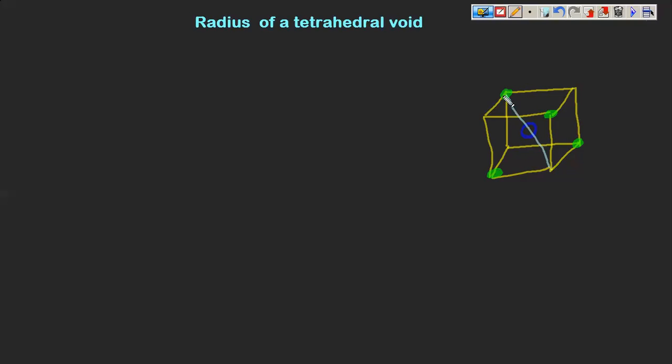We have made a right angle triangle here by joining the centers of the 2 spheres. This is A, this is B, this is C. These particles A and C are in contact with each other. In the same way, these 2 particles are in contact with each other. So we know very well that SE is equal to 2R.